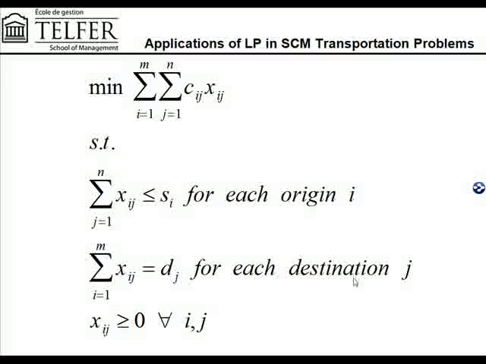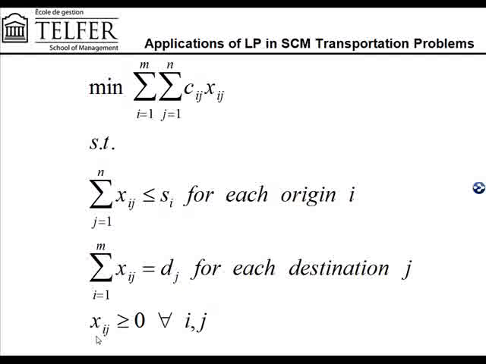For each destination, which is your second constraint for your demand points, each destination has a particular demand or requirement, which we denote as D sub J. So everything that's going into J, from all of the I's into that particular demand point J, take the sum of all the flows into that demand point, and that should be equal to the demand for that demand point.